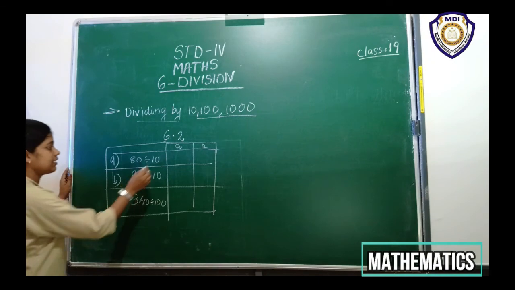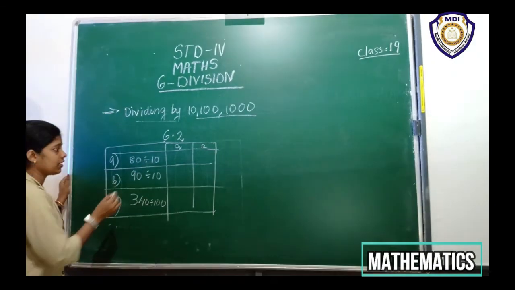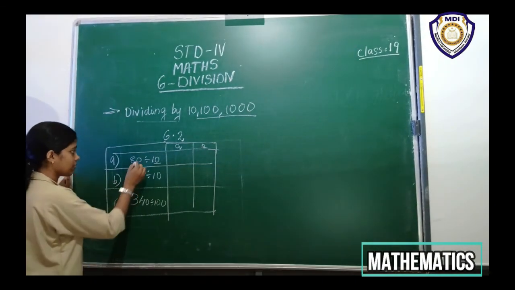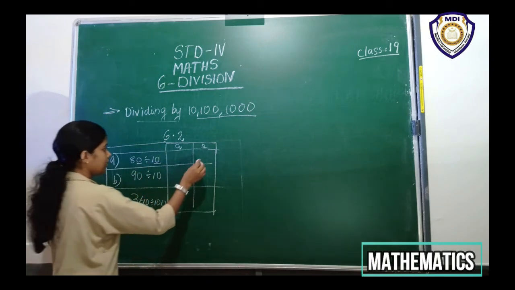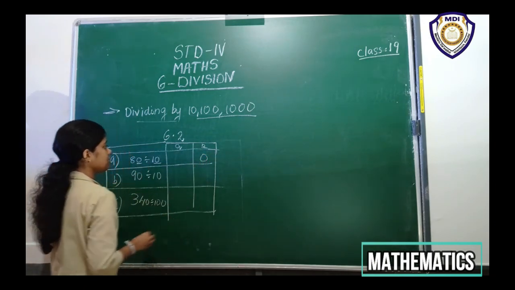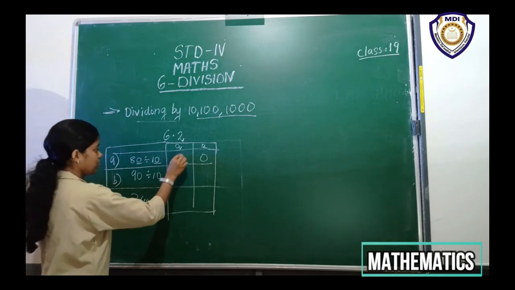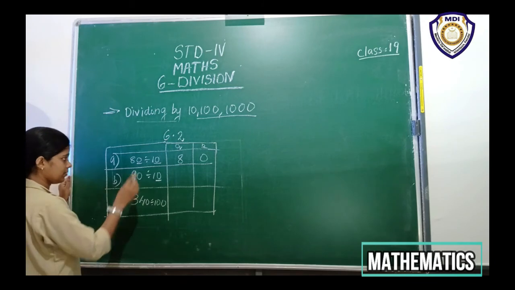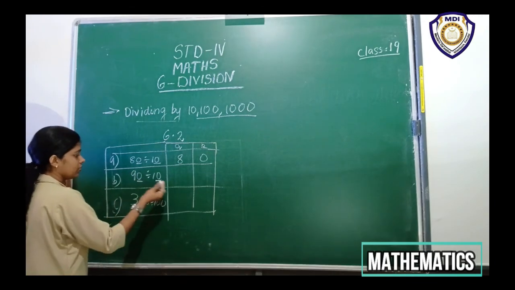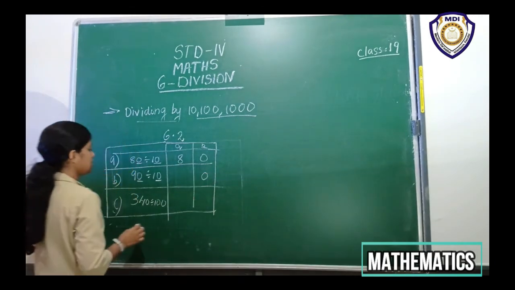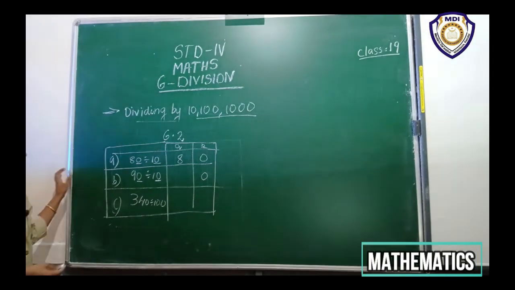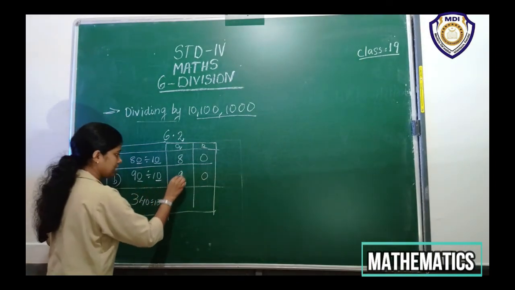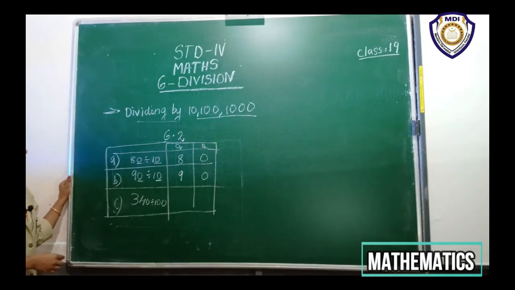Here, divided by 10. How many zeros? Only one zero. We are taking the last one digit number as the remainder, then 8 is the quotient. Then here 90 divided by 10, only one zero. Write 0 here, then the remaining number, 9, is the quotient. Then 340 divided by 100.